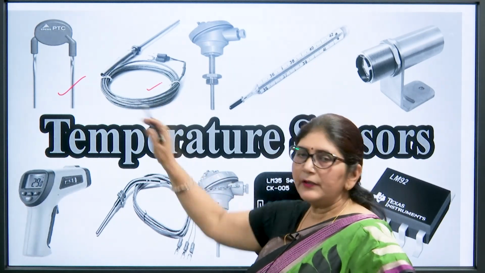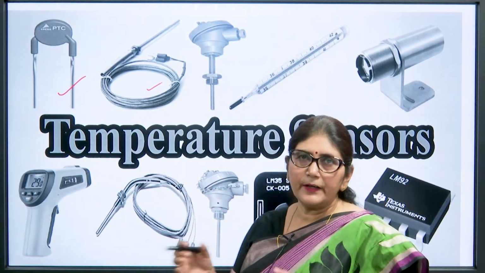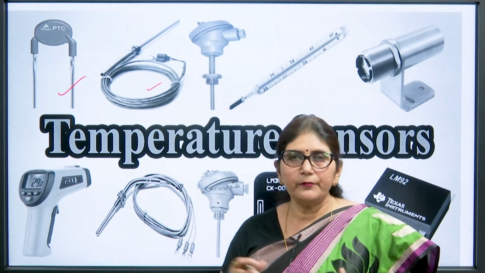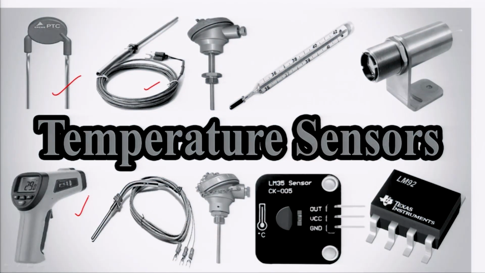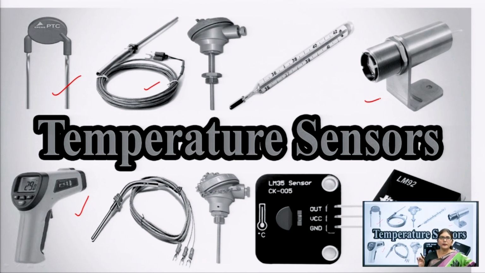These transducers are required to be placed inside the tank where we want to measure the temperature, but these are the pyro type transducers, these and these. They are the infrared transducers, and these transducers are not required to be placed in the surrounding area where we want to measure the temperature. Similarly, there are other types of transducers.